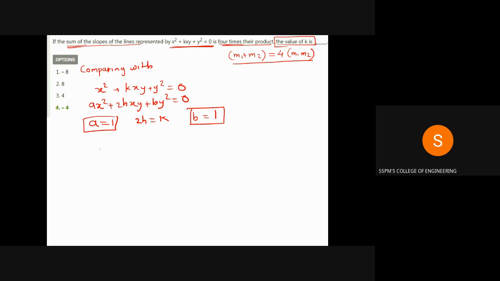So now from the given condition, we know that m1 plus m2 is equal to 4m1 m2.